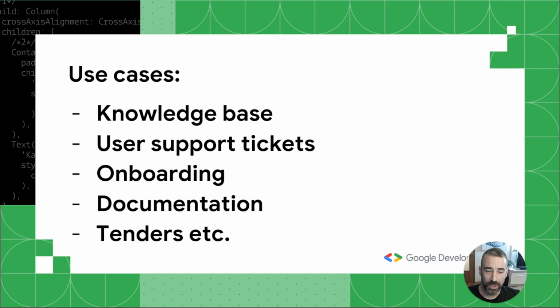Onboarding: you have a new employee and they're asking a lot of questions, and you can point them here, and they will ask the questions and get the answers from this RAG system. It also helps when browsing the documentation, so you can get answers from the documentation more easily if you don't already have a very good system to browse it.